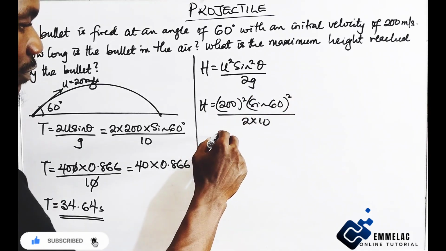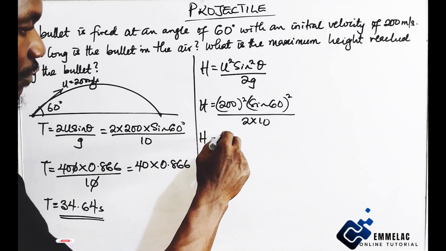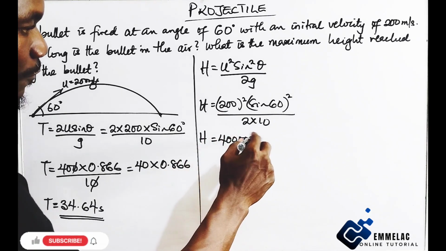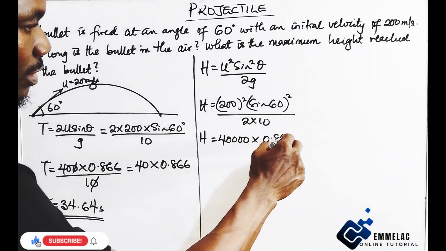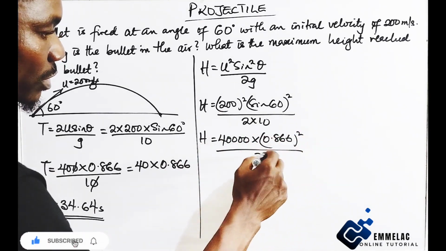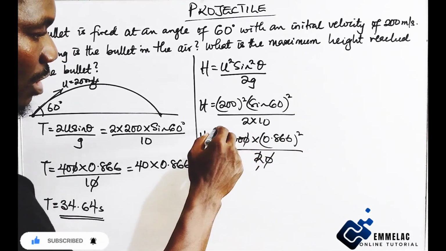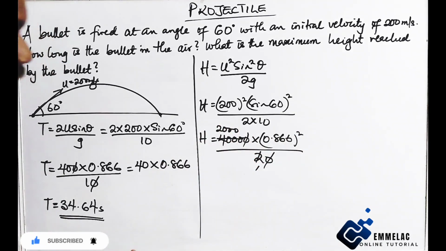The square of 200 should give us 40000, then times 0.866 all raised to the power of 2, over 20. And if we eliminate this 0, 2 here becomes 1, here we have 2000, right?